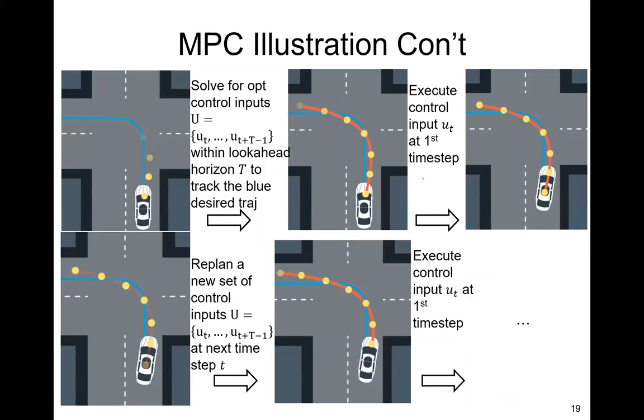And then you take the first control input U at the first time step, throw away the rest of the control inputs, move forward one step, recompute another sequence of control inputs and repeat the process. So is this process clear?